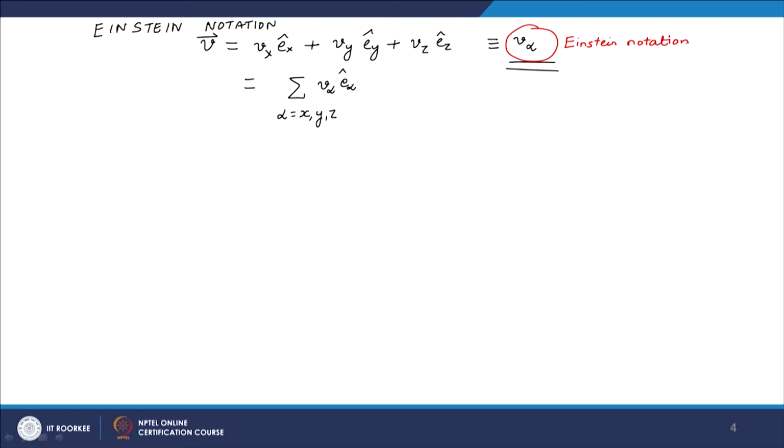So, alpha you note here is what is referred to as a free index. If the alpha is repeated, it is called a dummy index, and I will tell you how this happens.